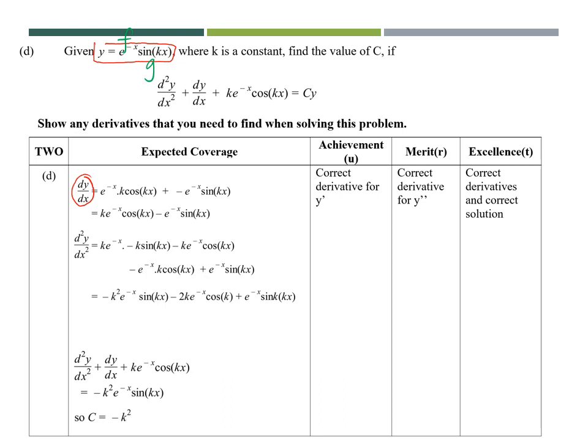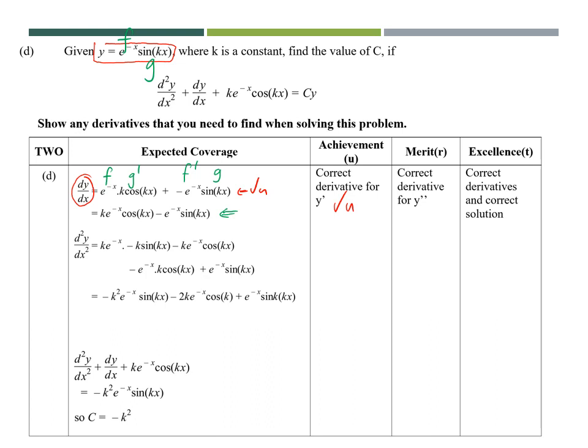When I'm doing the product rule, I write down my first and differentiate my second, and I write down my second and differentiate my first. So there is my dy by dx, which I can write nicely like that, and I get my u tick.